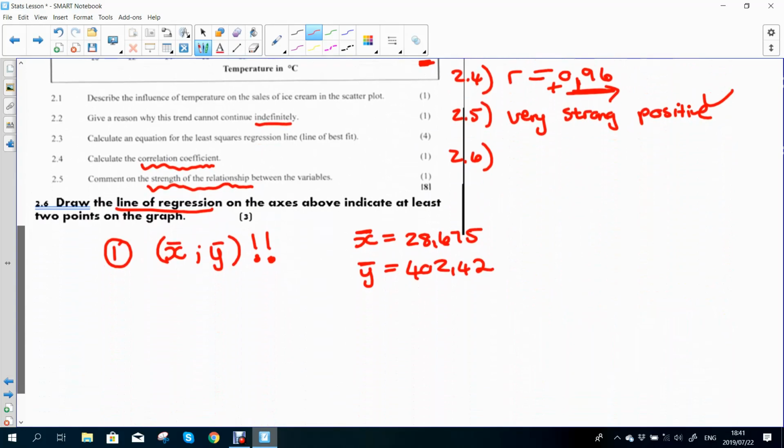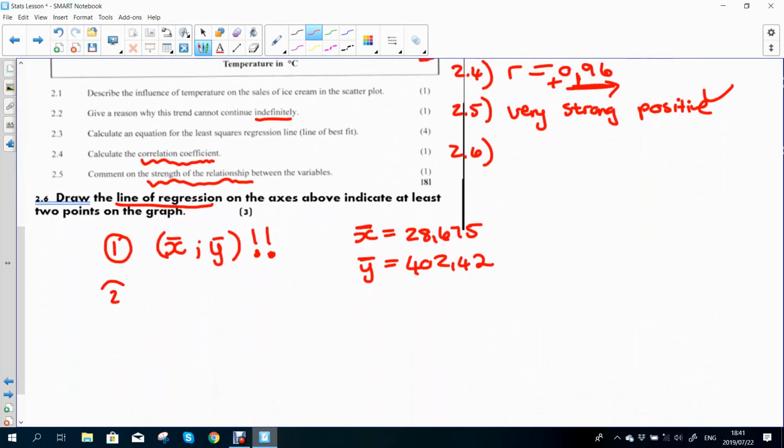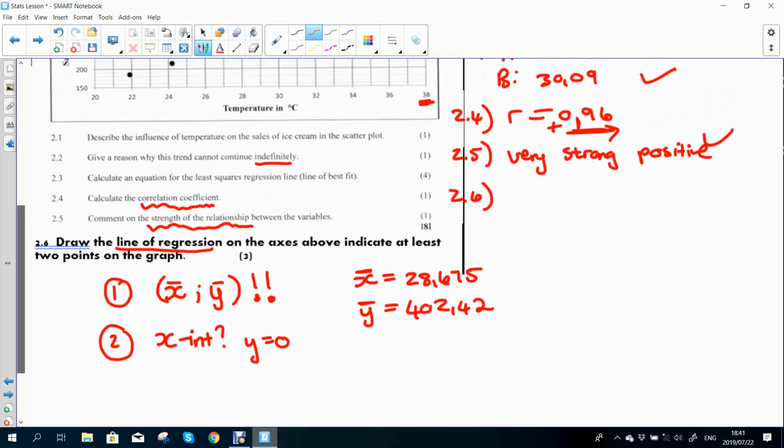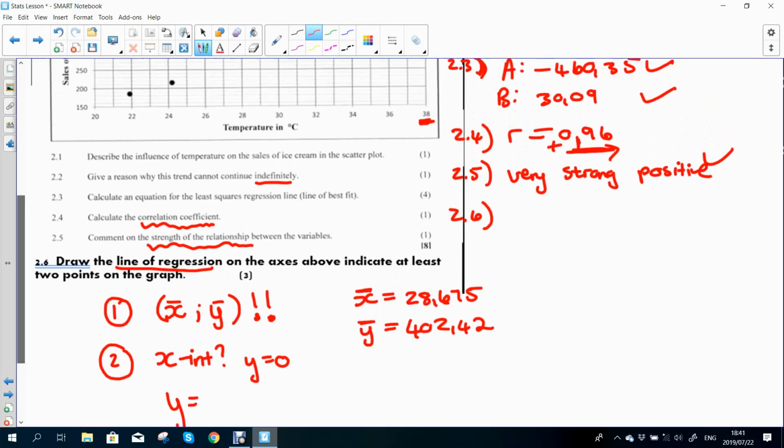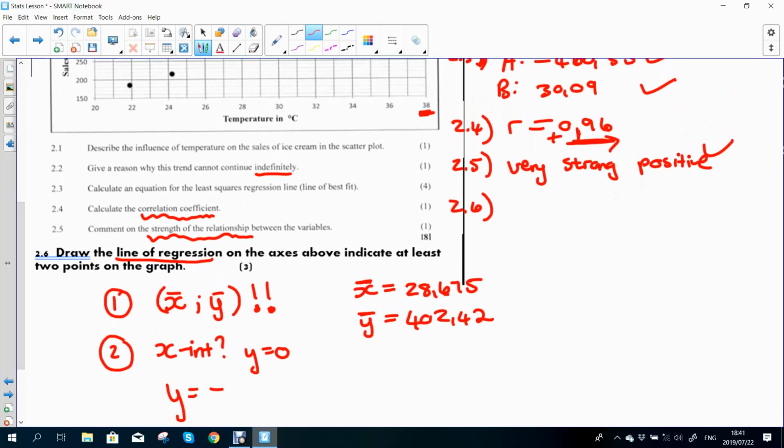Now the second thing that I need you to test for me is, can I find an x-intercept? Can I work out an x-intercept, meaning, can I make y 0? So you will see your equation at the top, they gave as y = minus 460,35 plus 30,09x.